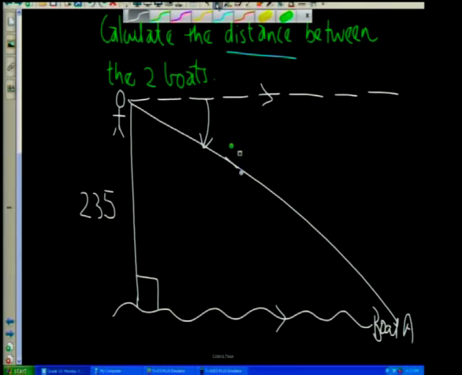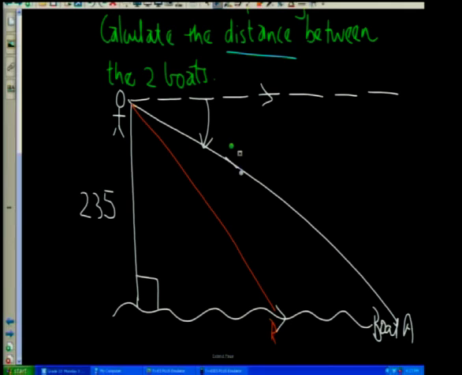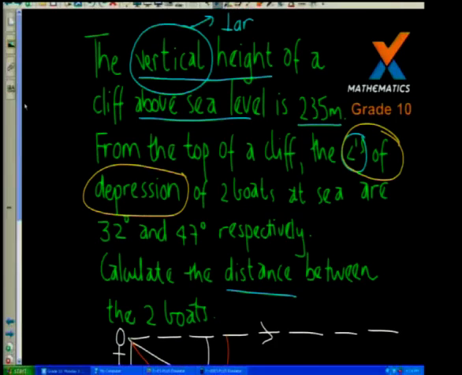But then he sees a second boat. Okay, we're going to call that boat B. And the closer the boat is to the cliff, the bigger the angle of depression. Okay, so our job is to find how far those boats are from each other. Just to get the dimensions again, we go back and we read it again.